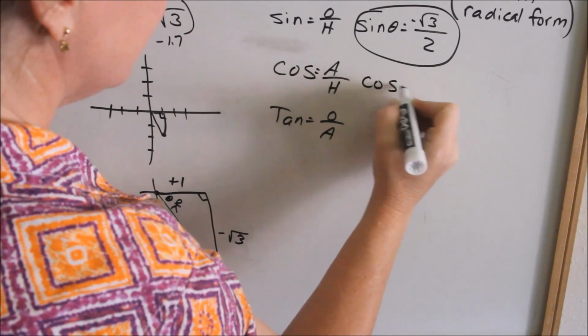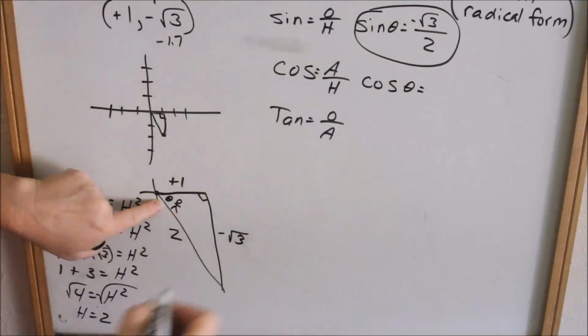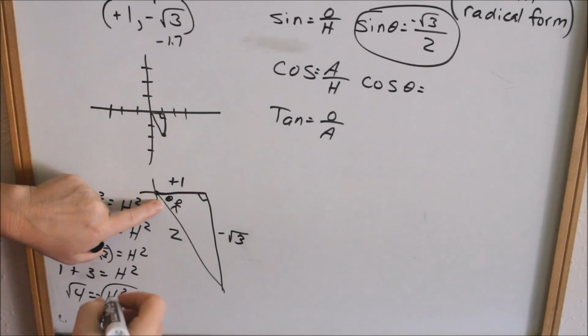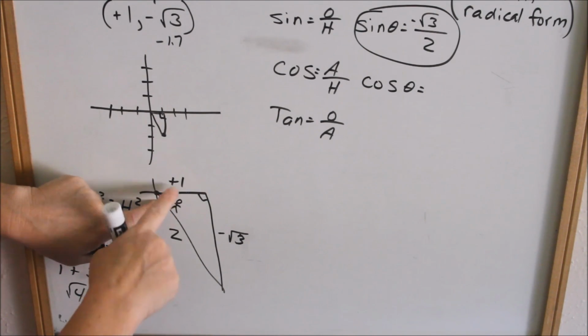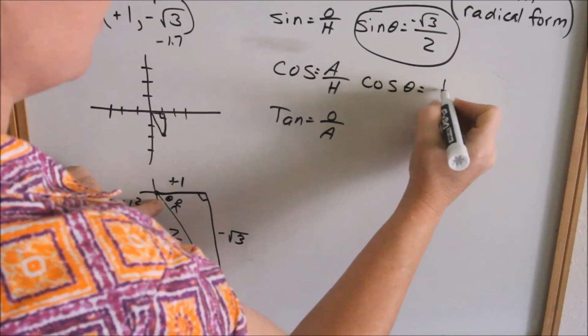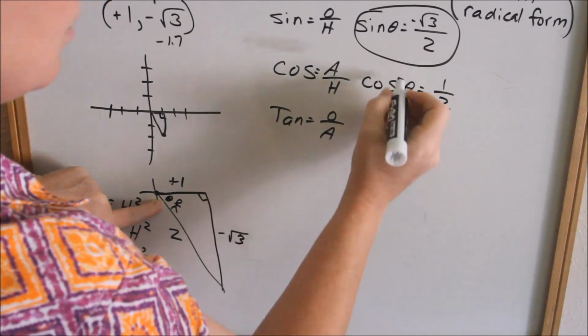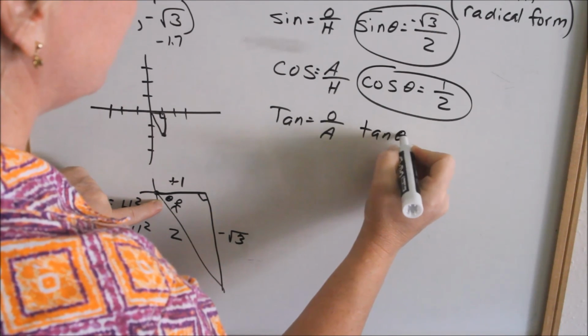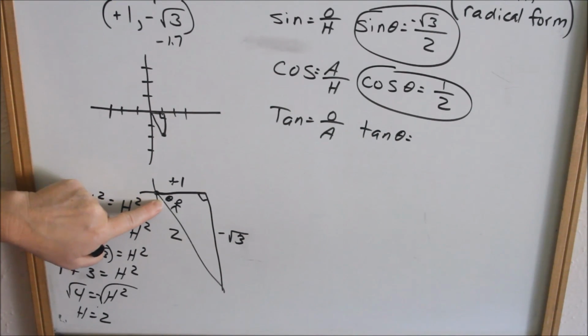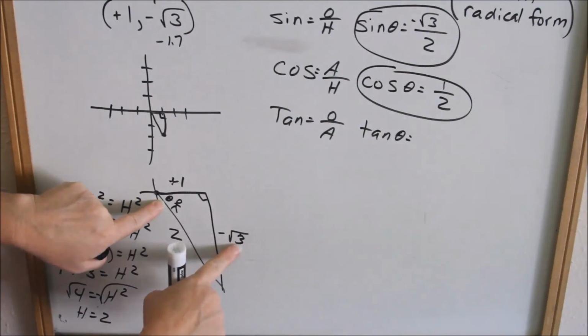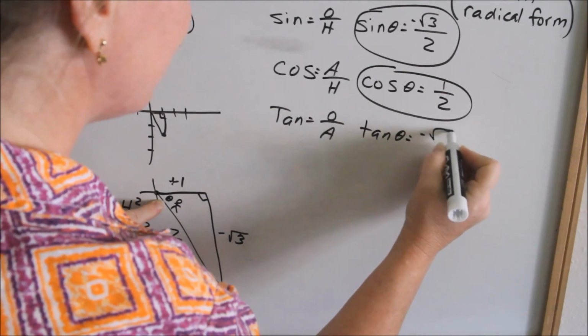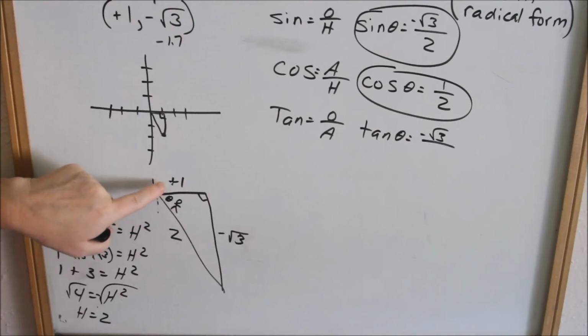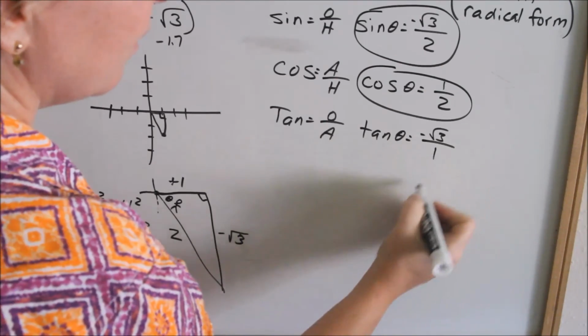Cosine theta, and we don't know what theta is, and that's okay. We're not told what theta is. Cosine is adjacent over hypotenuse. Adjacent is positive 1 over hypotenuse, which is 2. Okay, then tangent theta. Tangent is opposite over adjacent. Opposite of me is negative square root of 3. Adjacent is positive 1.